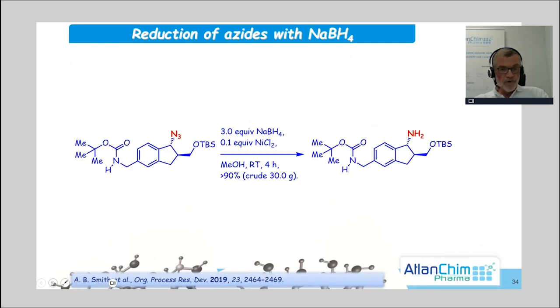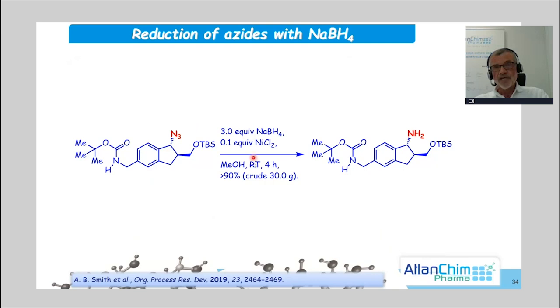We already saw this azide in the Staudinger reduction section. In a second approach, the same authors developed a highly efficient nickel chloride catalyzed sodium borohydride reduction of this azide here.